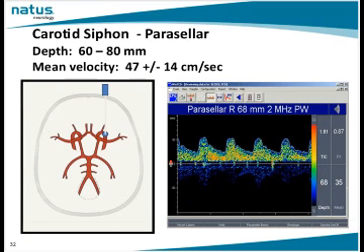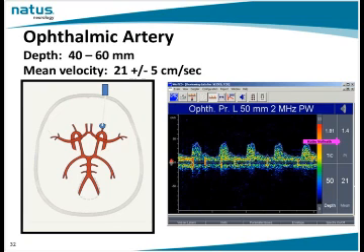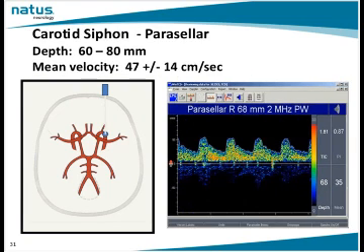So what you want to do is just begin to increase your depth until your waveform changes from this high resistance waveform to a waveform that looks more like your arteries of the brain, a low resistance, high diastole compared to the ophthalmic artery flow.